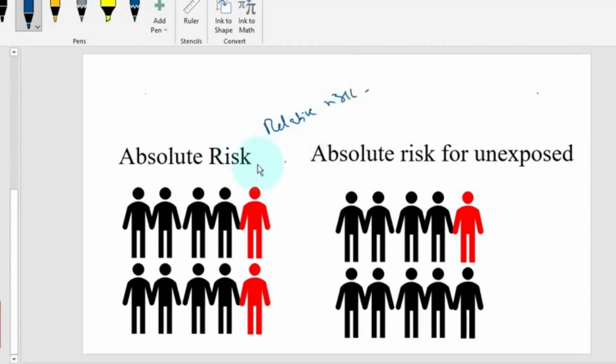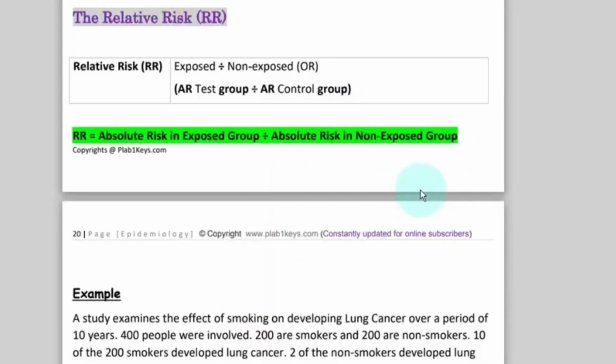What does this mean? Let's learn by example. Now keep something in mind that I didn't tell you. The relative risk does not give you a number. It gives you a percentage, a times value: how many times this thing can cause that thing.